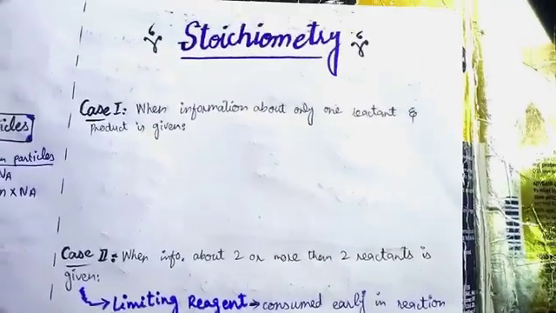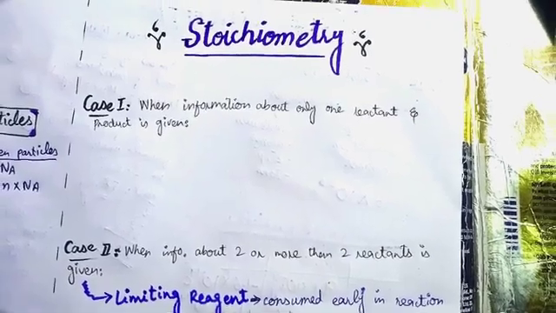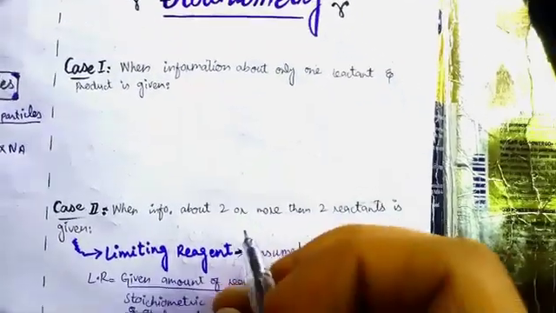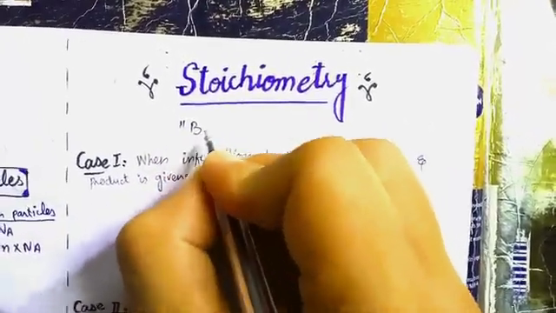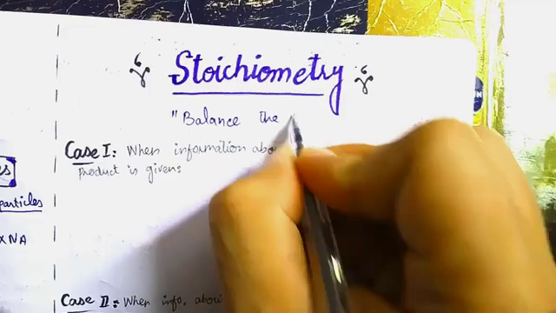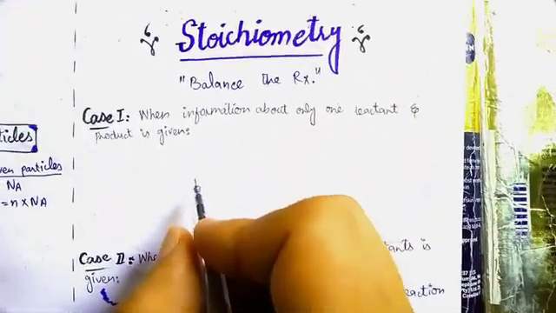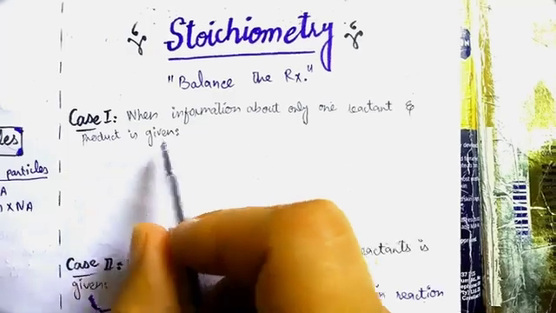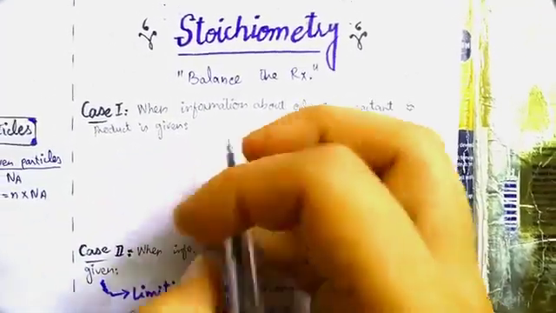Now there is a second last term in the concept of moles topic, stoichiometry. Stoichiometry is defined in a simple way as balancing the reaction. In this, two cases are given. First case is when information about only one reactant and product is given.